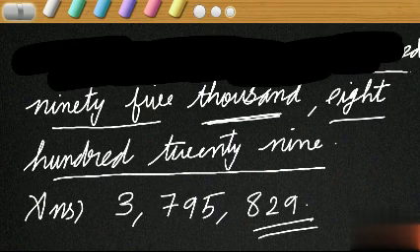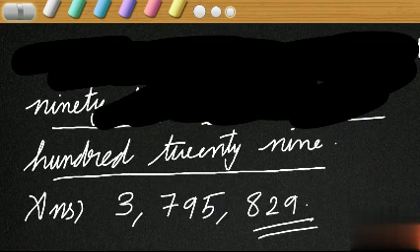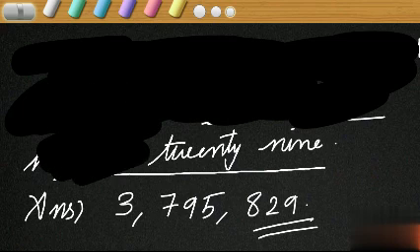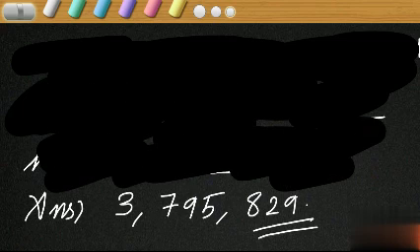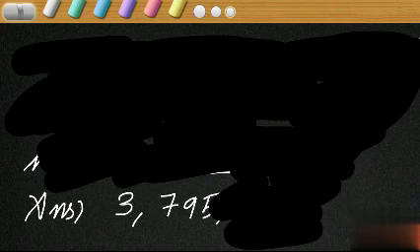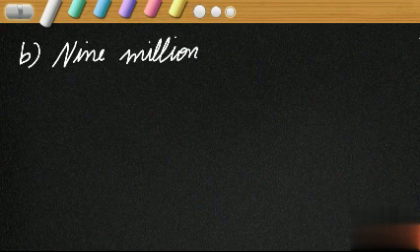Second one, B. Question number B. Please write down B. The question is: 9 million 8 thousand 31.